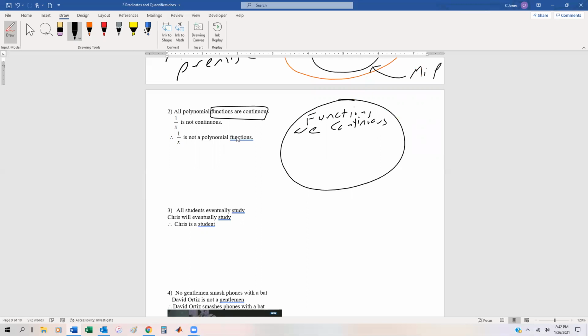And all polynomial functions are within that. So let's go ahead and draw a circle here, and this is, as best as I can fit it in, polynomials.